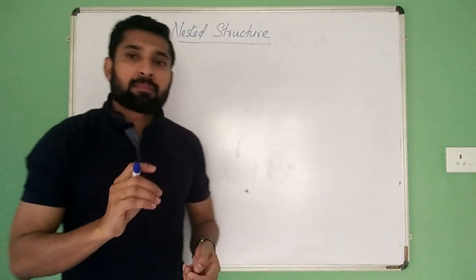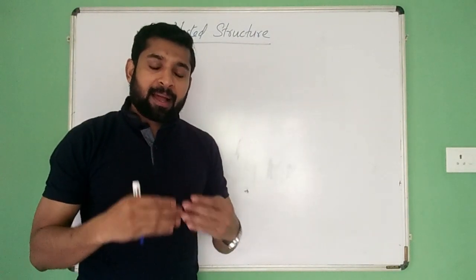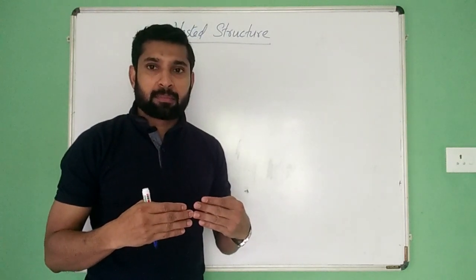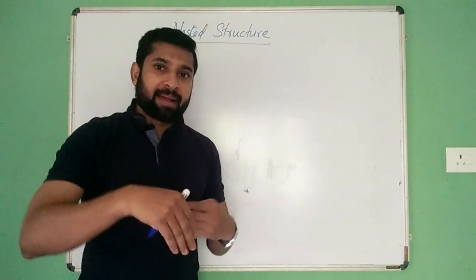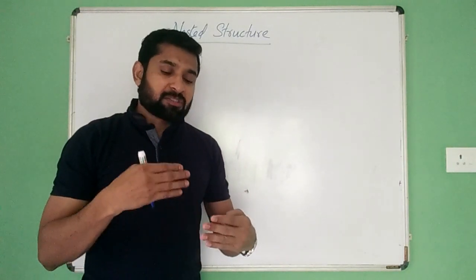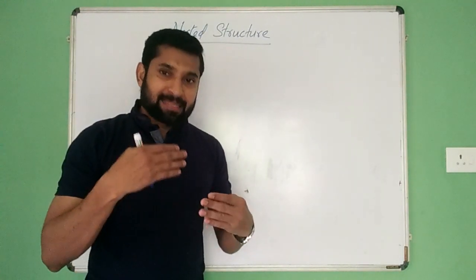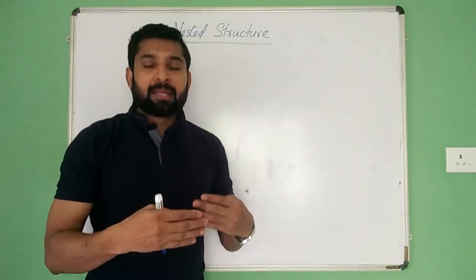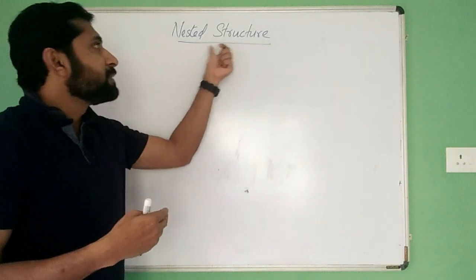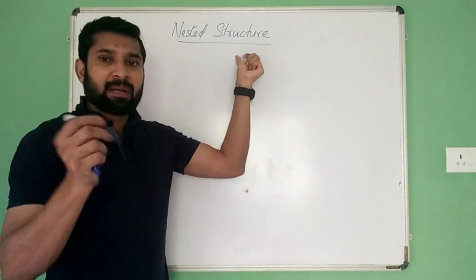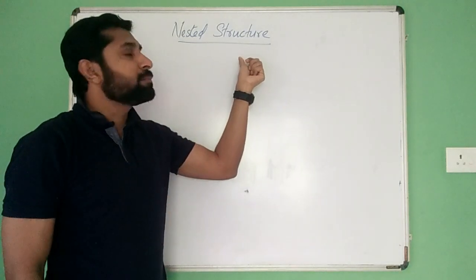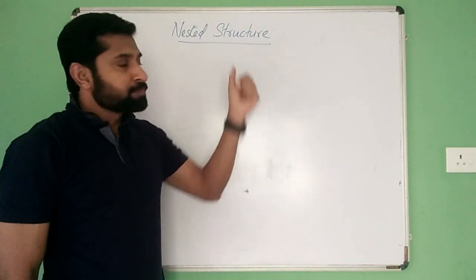If a structure has another structure element inside it, a structure has an element which is also a structure, such a structure is called nested structure. Simply we can say a structure inside another structure is called nested structure.